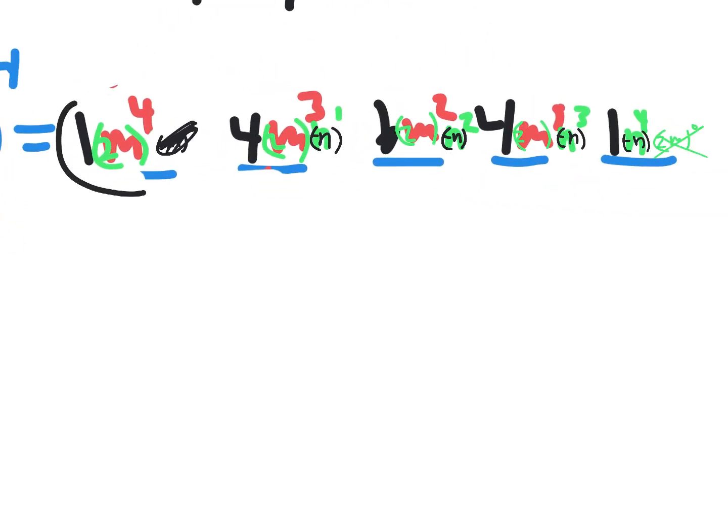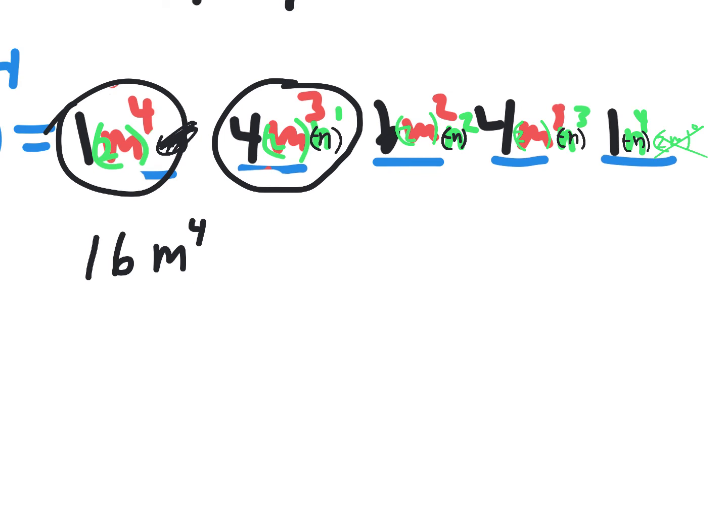This first one would just be 2m to the 4th, so the 2 is to the 4th, so that'd be 16m to the 4th. This one, 4 is just a 4. And, oh wait, there's a negative n to the 1, so that's negative n, and the negative will go on to the 4, then it'd be a negative 4m, no wait, 2m to the 3rd, so that's 2 to the 3rd, which is an 8.